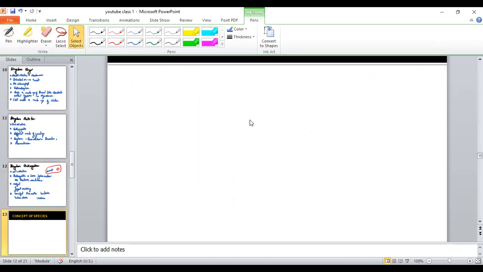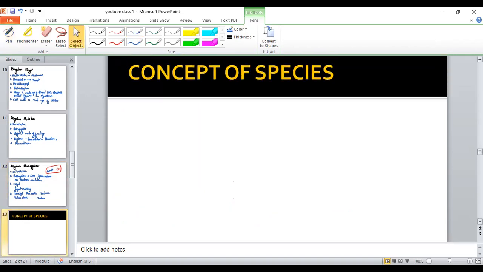Okay. Now we are talking about the concept of species. What is a species? Species is the smallest unit of classification. When we talk about classification, first of all, we are making a species. What is a species?